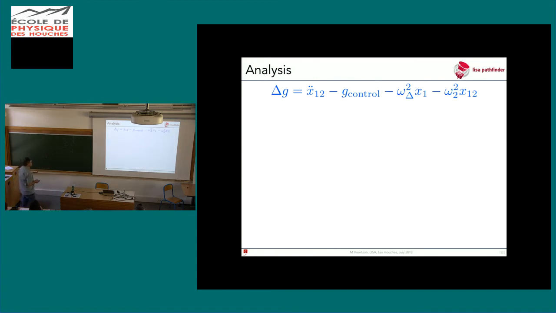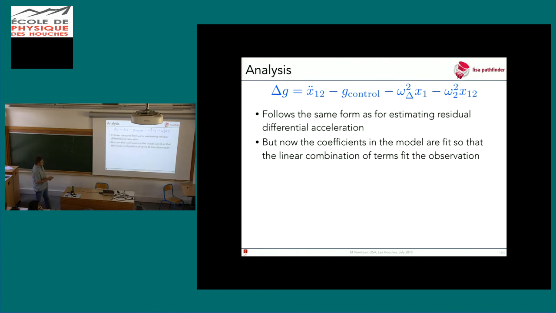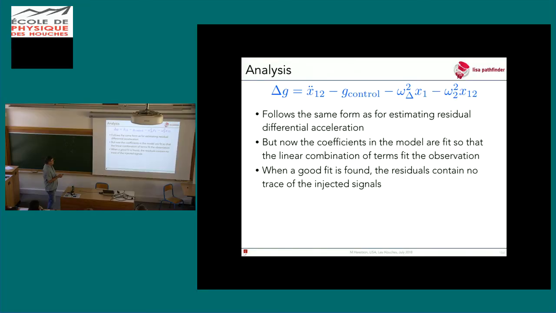Then the analysis of that experiment follows that same observable equation that we're trying to calibrate, but the coefficients in here are now parameters of a fit we can do to the observations. And if you get this right, if you can explain the observation with respect to all these other parameters, then you should have no signal left in your residuals.